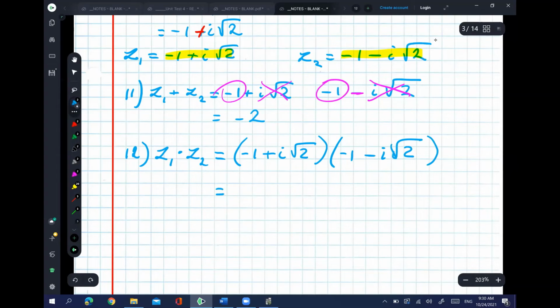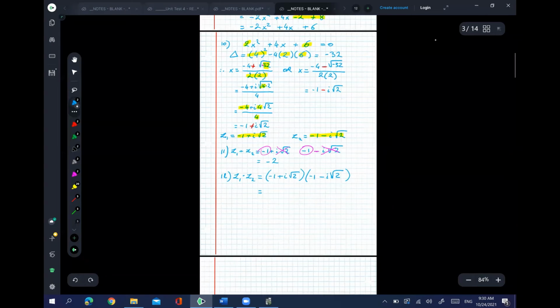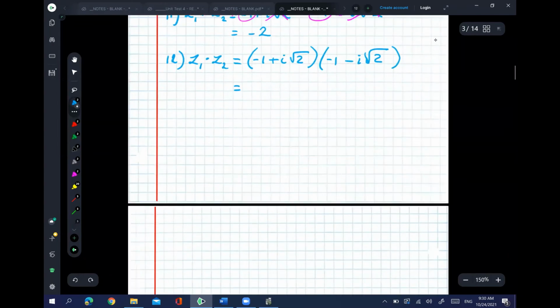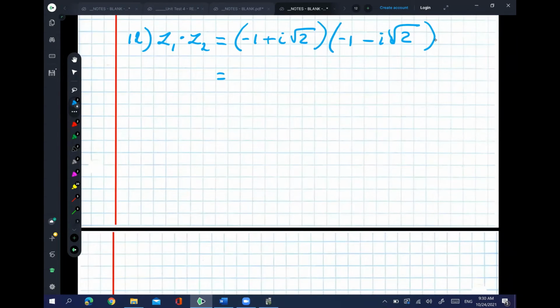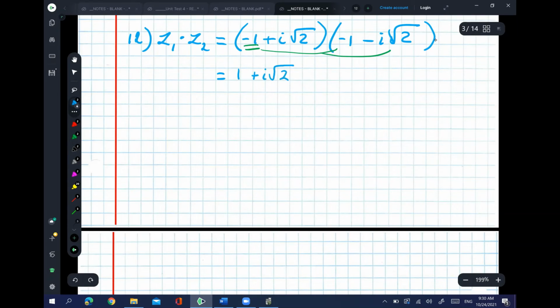I will distribute first the negative 1. Negative 1 times negative 1 is positive 1, times negative i square root of 2 is positive i square root of 2.